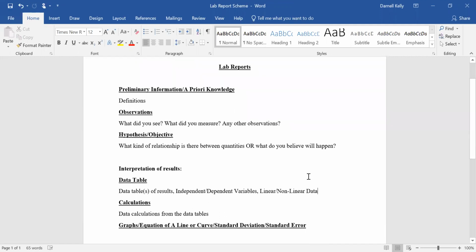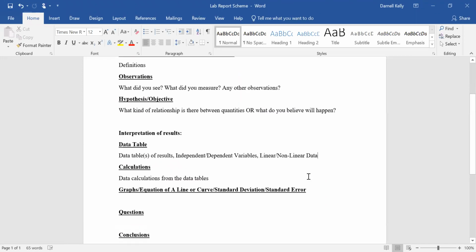Then we will have calculations from the data tables, graphs, the equation of a line or curve when we get nonlinear results, standard deviation, standard error, and even percent error. Put this in there. There's all kinds of data manipulation that you can use for your results: percent error, percent difference, variance, but we're not going to get crazy.